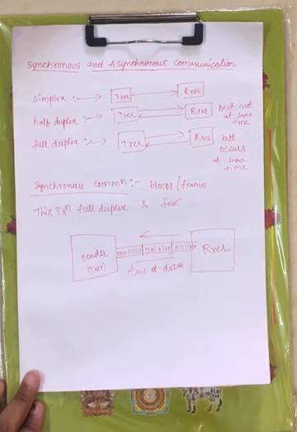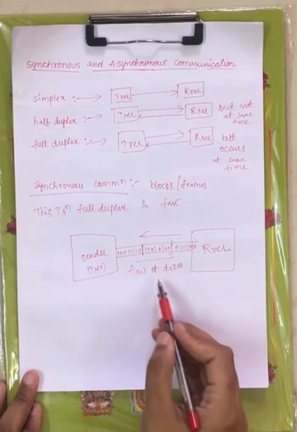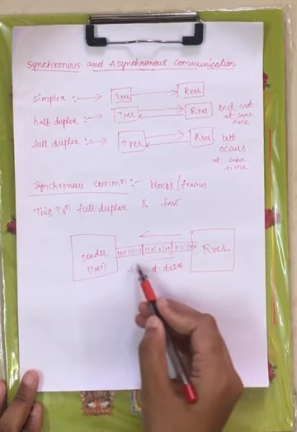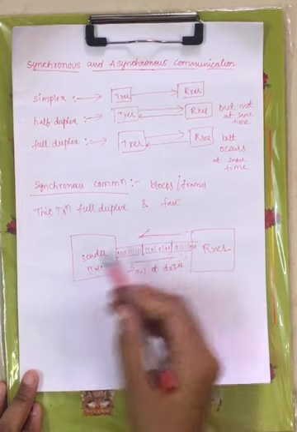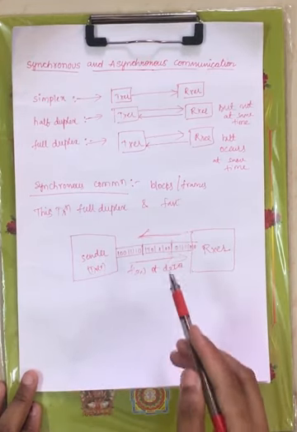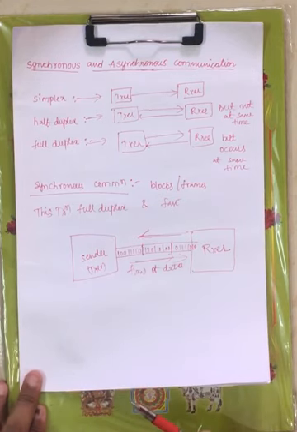You are not sending bit by bit, you are sending it as a block or frame. This supports full duplex data transmission. That means you can transmit the data in this direction or in this direction, and these two different directions can be used at the same time.